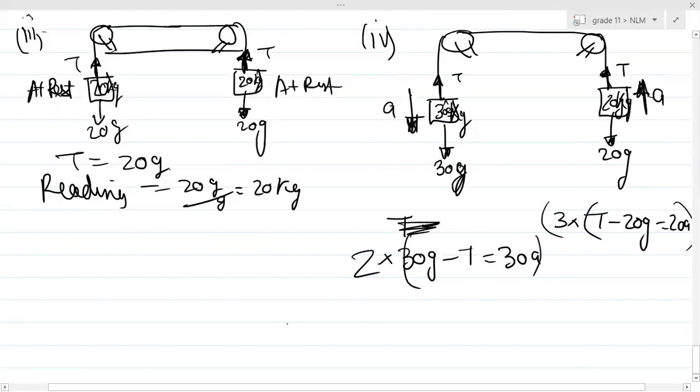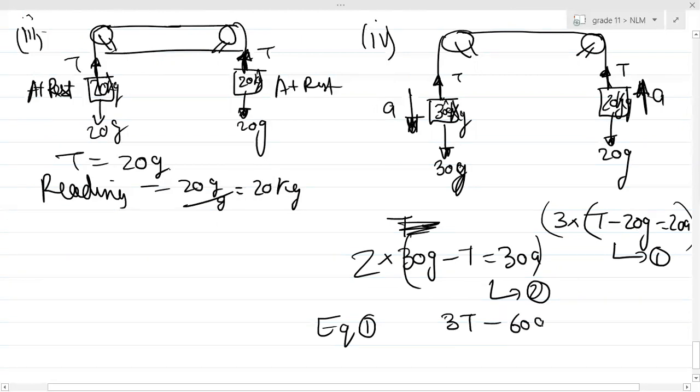So equation 1 becomes 3T minus 60g is equal to 60a, and equation 2 becomes 60g minus 2T is equal to 60a.